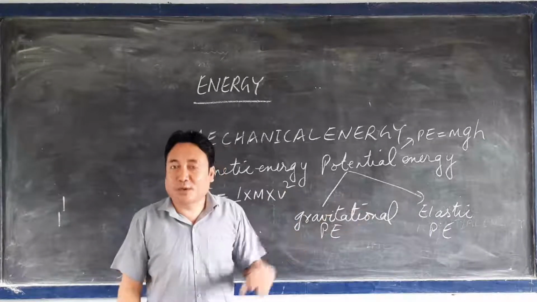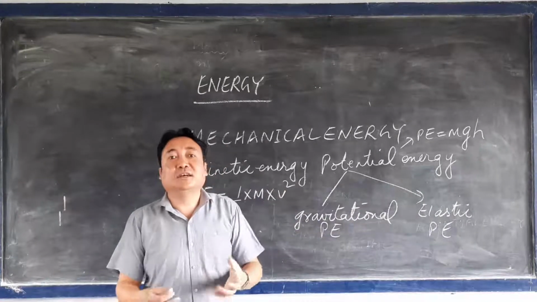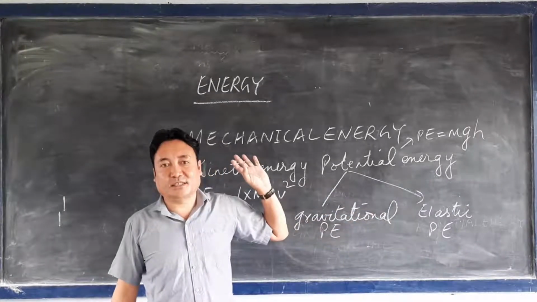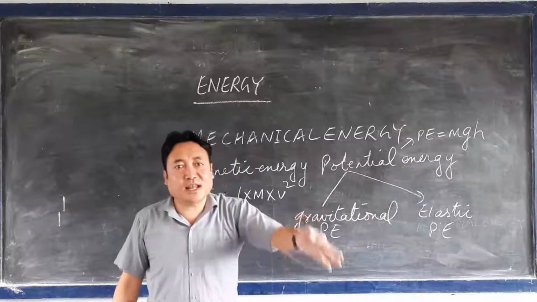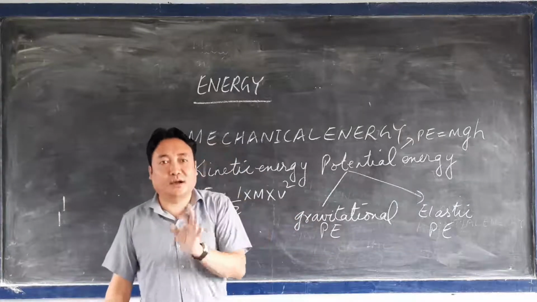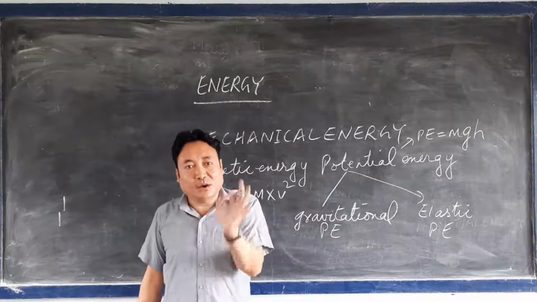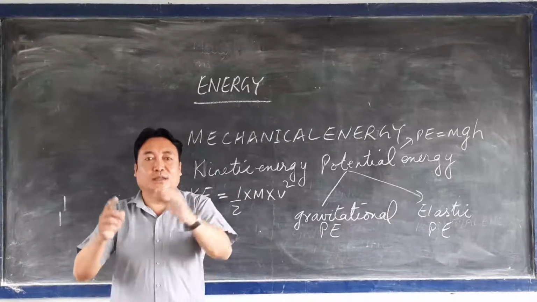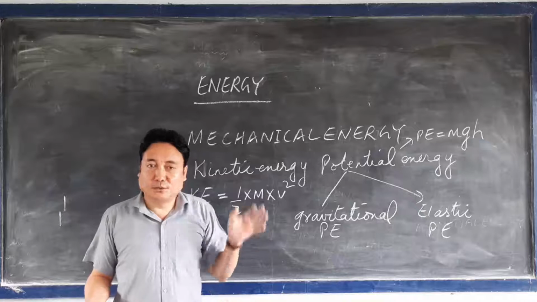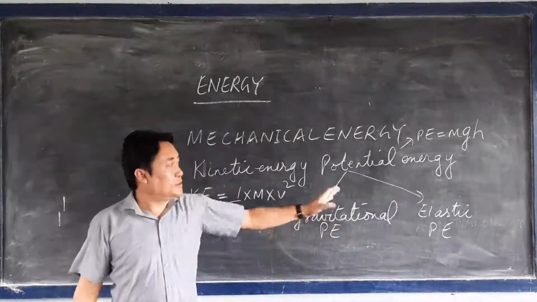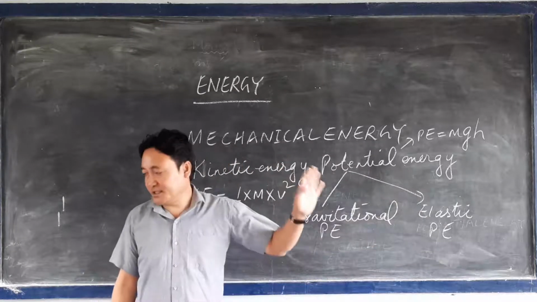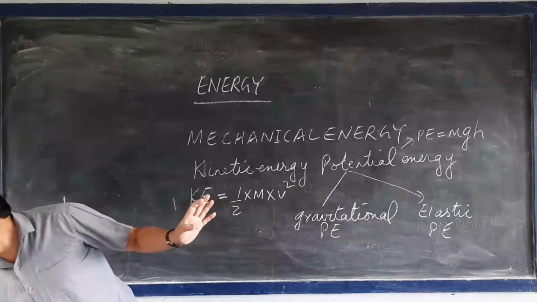Here also there is elastic potential energy. Then if the spring is stretched, here also it possesses elastic potential energy. So elastic potential energy is the energy possessed by a body when it is stretched, compressed, or bent. So these are the two types of potential energy: gravitational potential energy and elastic potential energy.